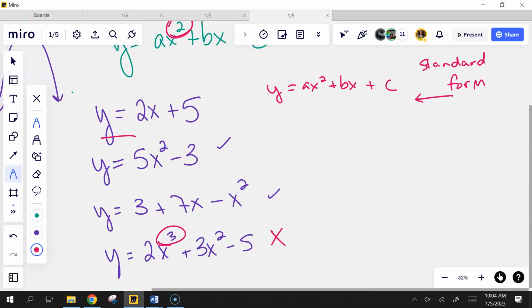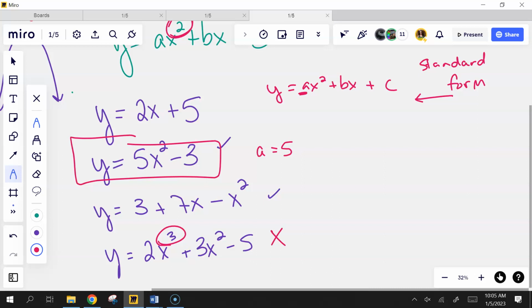Looking at this first equation, what is a? What's the a in the equation though? 5. I'm sorry, that's what you said. Sometimes it takes just a minute to register with me. What's b? There is no b.